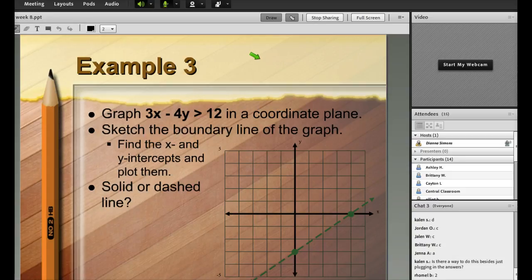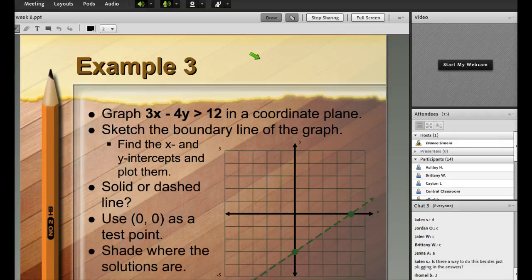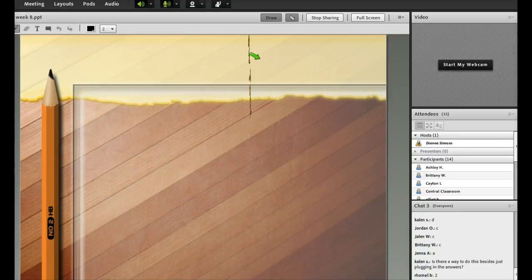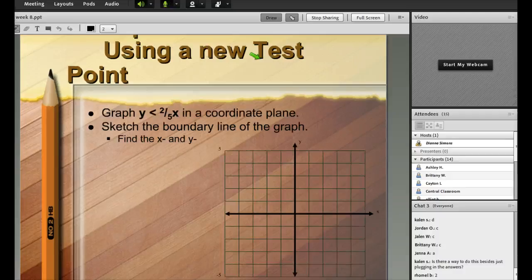No. Less than. Right. So what does that mean? 0, 0 is not true. Which way are we going to shade? Above or below? If it's not true, we're going to shade below. Okay? Make sense? Yes? Okay.